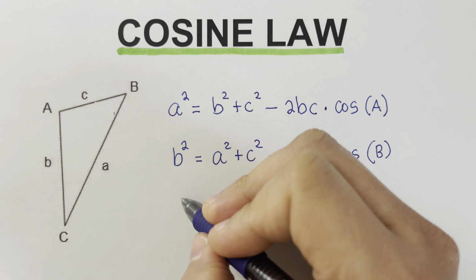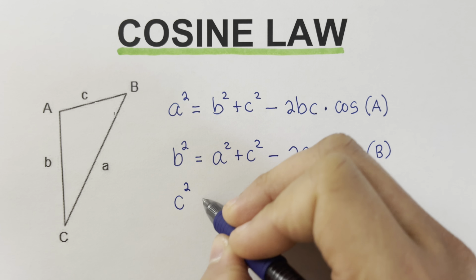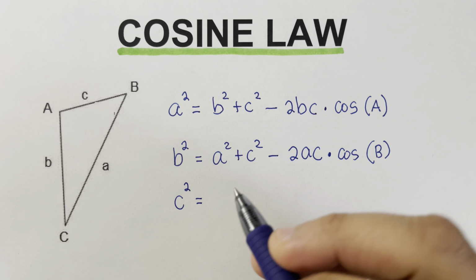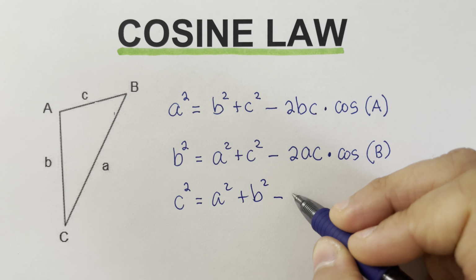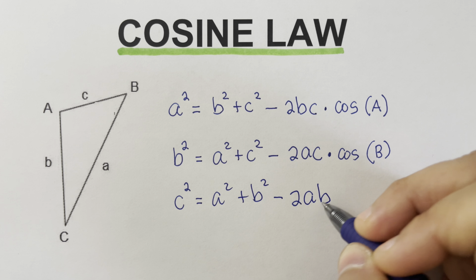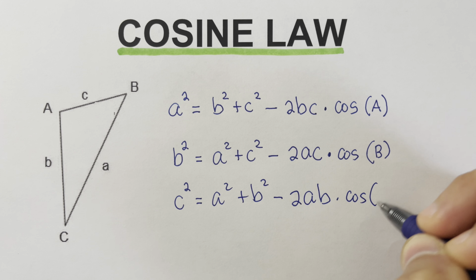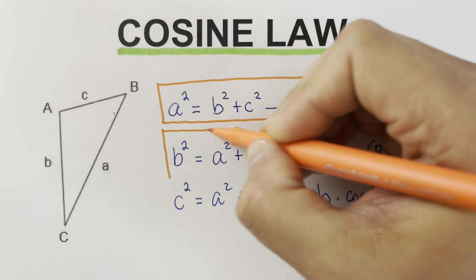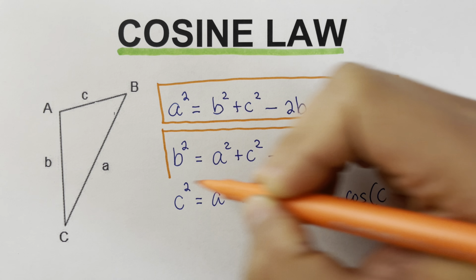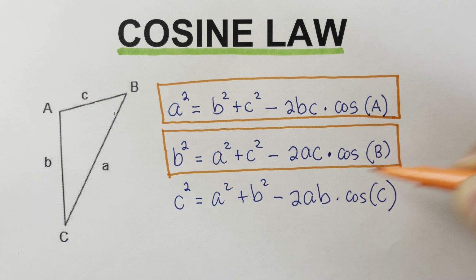And so c squared is a squared plus b squared minus 2ab cosine of angle C. This is what we call the cosine law, or the law of cosines.